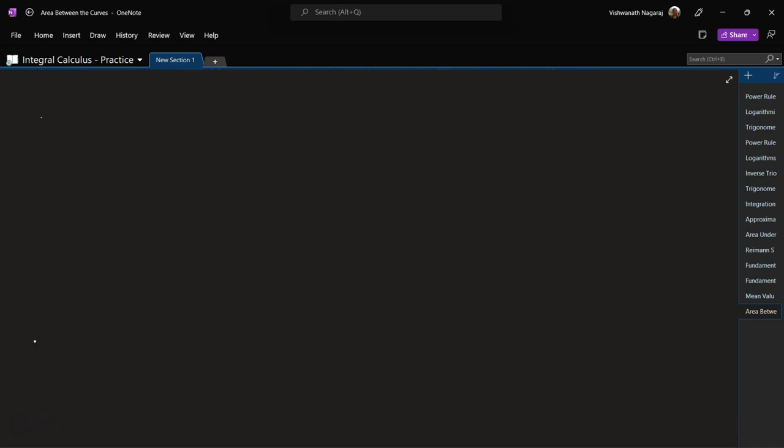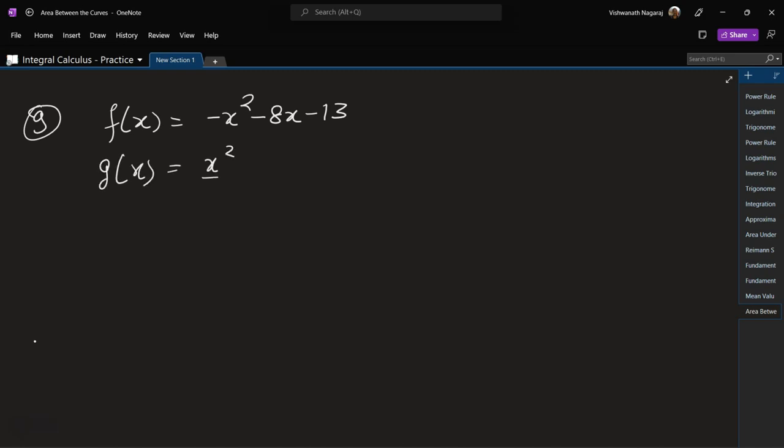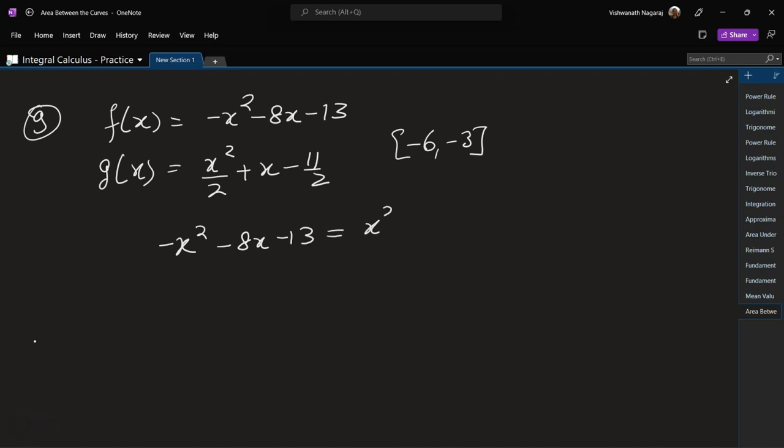Okay, now the ninth one. f of x is equal to minus x square minus 8x minus 13. g of x is equal to x square by 2 plus x minus 11 by 2 in the interval minus 6 to minus 3. So again, first intersections. So minus x square minus 8x minus 13 equal to x square by 2 plus x minus 11 by 2.